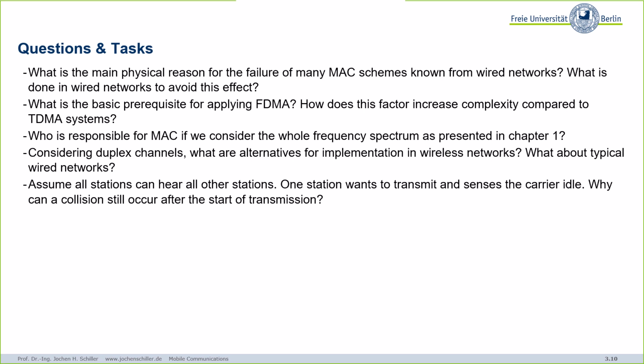In all wired networks, so if you go to a classical Ethernet or to whatever wired networks, there's an upper limit for the length of the cable. So for today's LANs, not wireless LANs, today's normal fixed wired LANs, the upper limit is something like 100 meters. And using this technology and obeying this upper limit, you can make sure that all the stations connected to this cable will receive the signal strong enough.